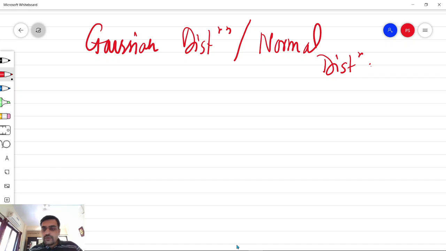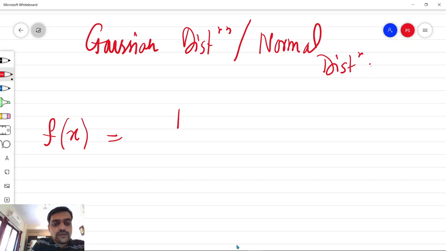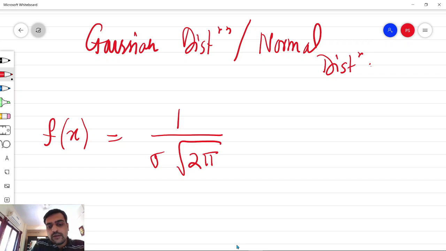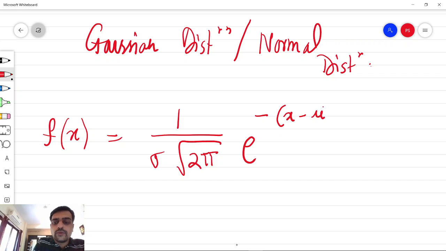In order to discuss this, let us begin by writing the expression for the distribution. f(x) is given as 1 upon sigma times square root of 2 pi. This sigma is a constant which we will discuss further in detail. e raised to minus (x minus mu) whole squared divided by 2 sigma squared.